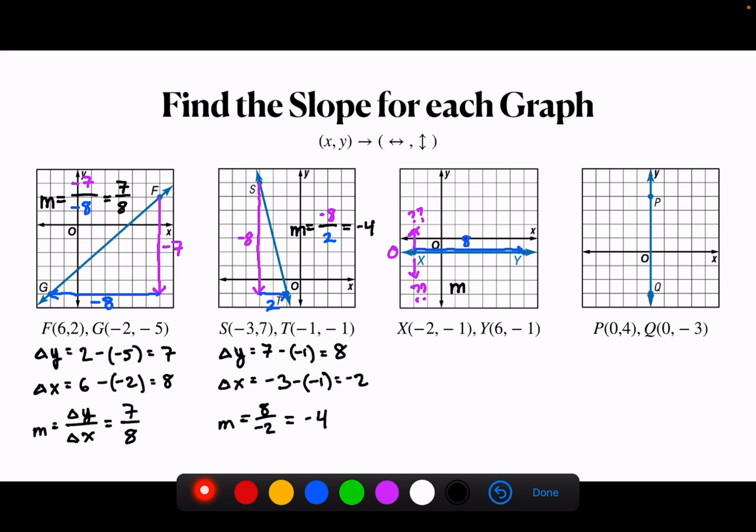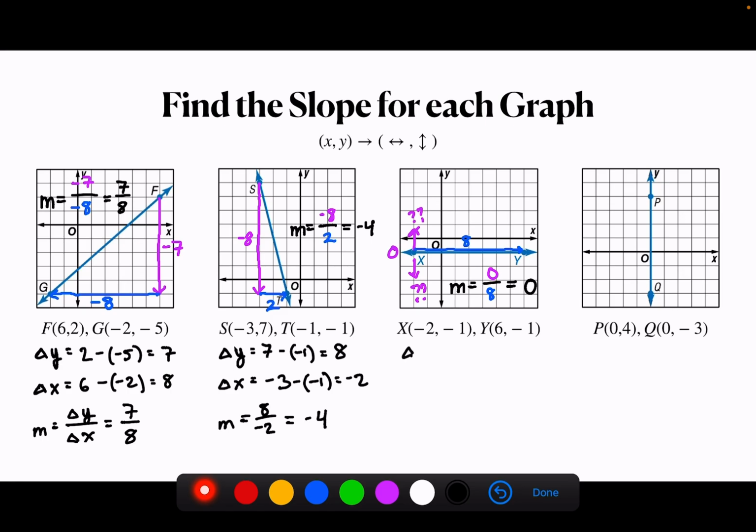And so our slope is essentially 0 over 8. And if we divide 0 by anything, we're just going to get 0. So a horizontal line, a flat line, is going to be 0.